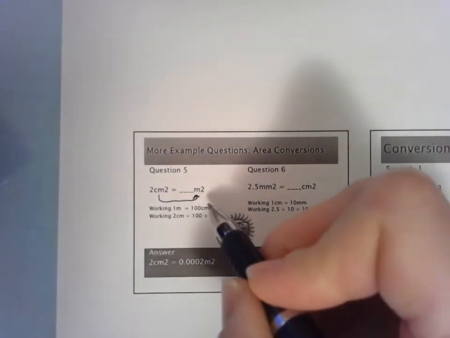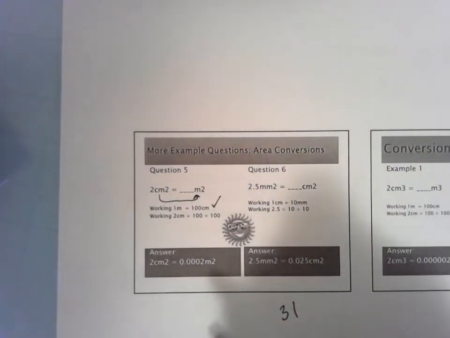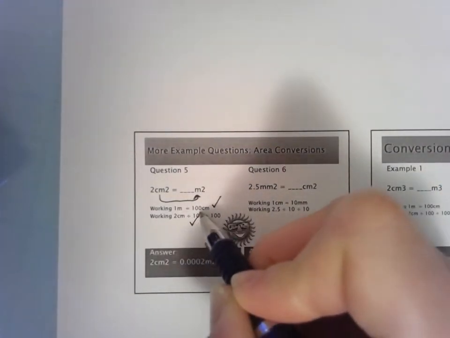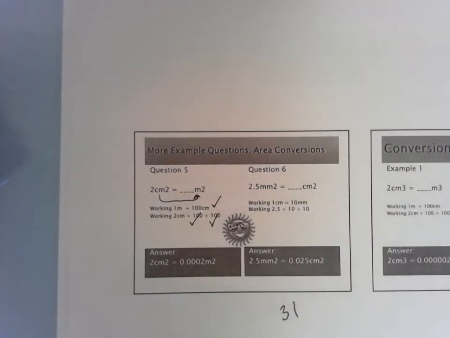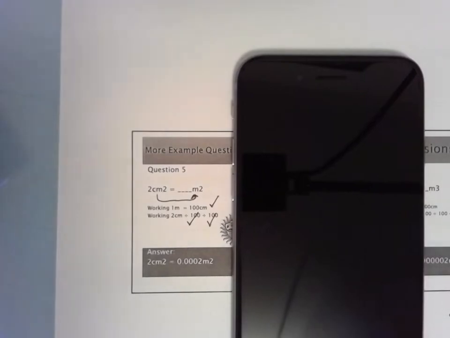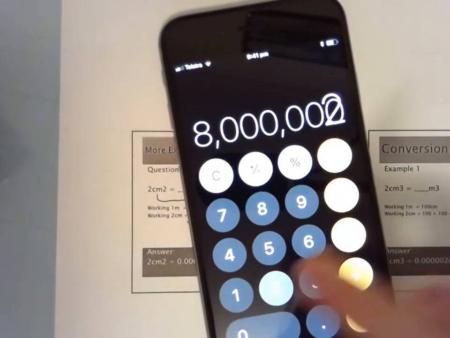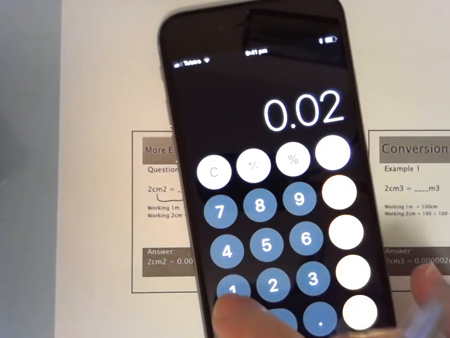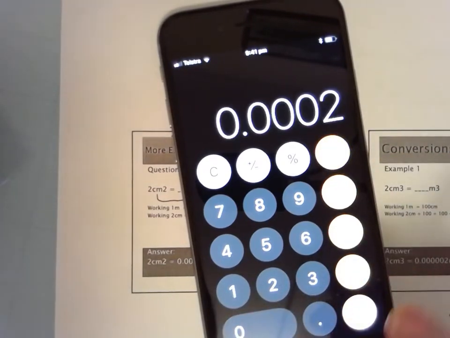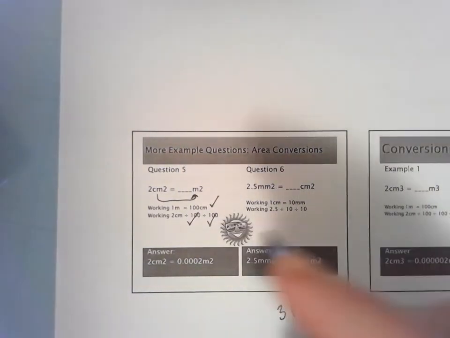So this time you've realized that your magic number is 100, but you divide by 100 not once but twice, because we're working in squared units. So 2 divided by 100 equals that, divided by 100 again. 0.0002 is there.